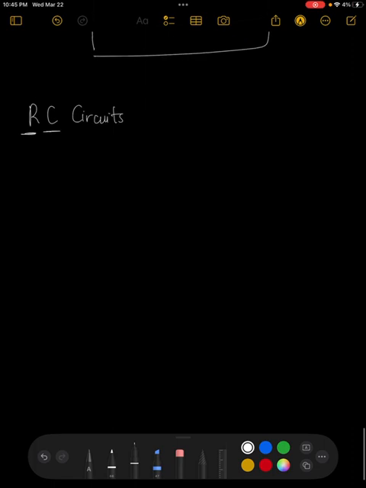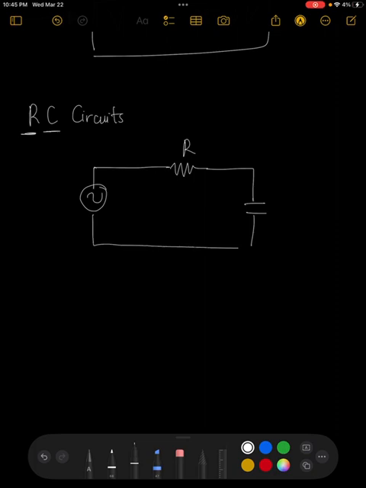Let's say that we have an AC source, a resistor R, and a capacitor C in the circuit. How does the RC circuit behave with this alternating current source?